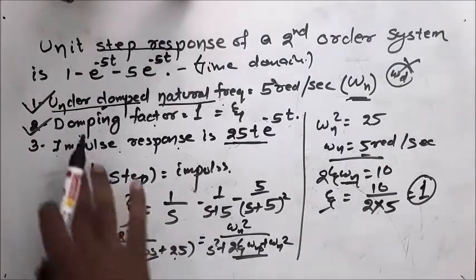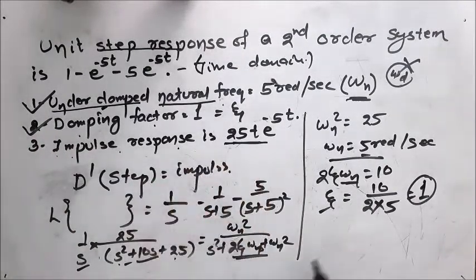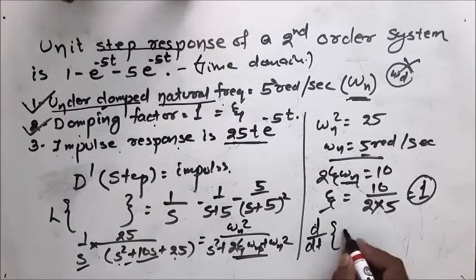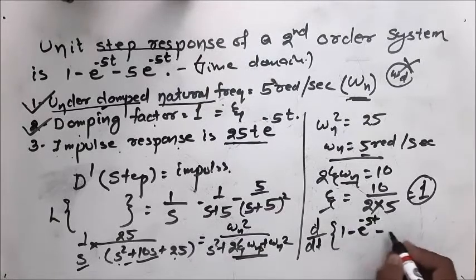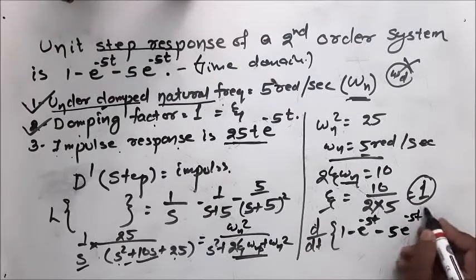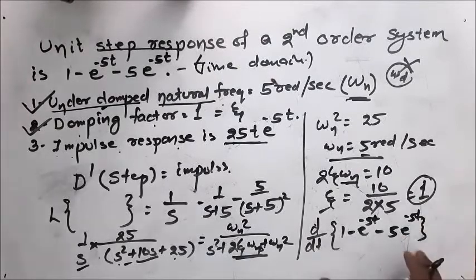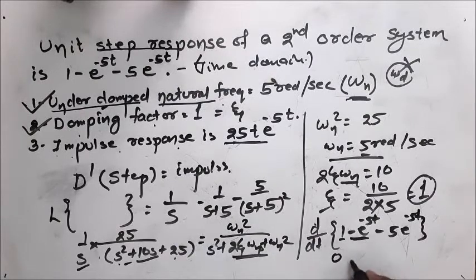To find the impulse response, just take the derivative d by dt of 1 minus e to the power minus 5t minus 5t e to the power minus 5t. The derivative of 1 is equal to 0. The derivative of the next term gives plus 5 e to the power minus 5t.